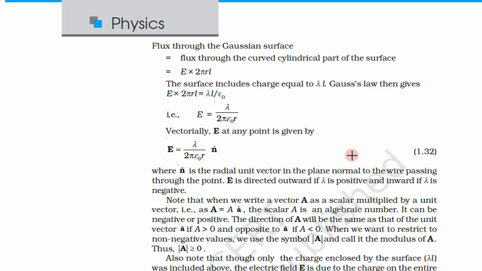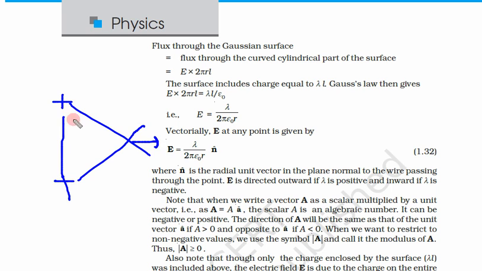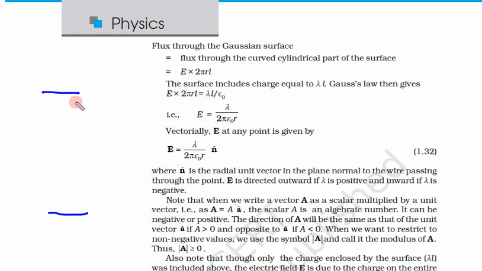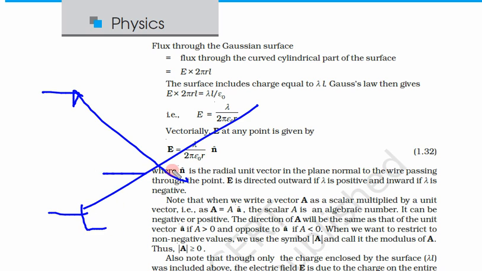E is directed outwards if lambda is positive and inward if lambda is negative. What they are trying to say is, we solved for positive charges, so the direction was always outward. But for negative charges, the direction would be inward.